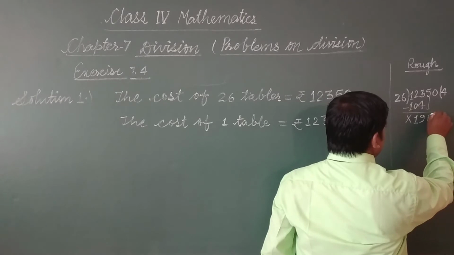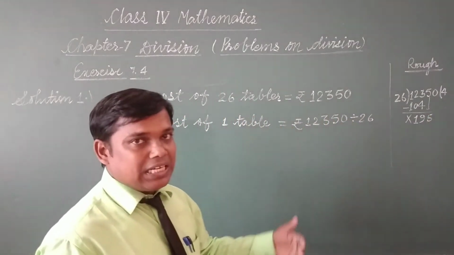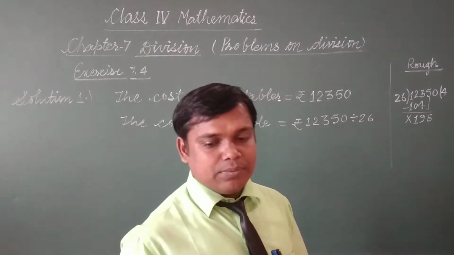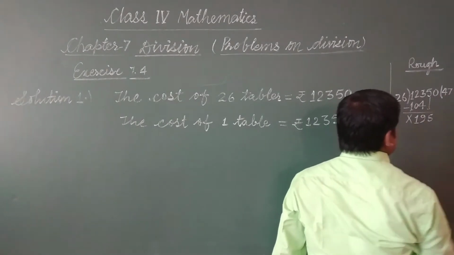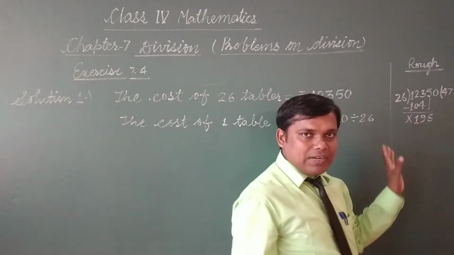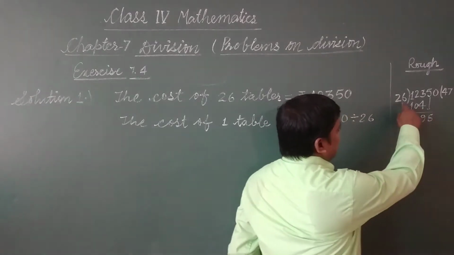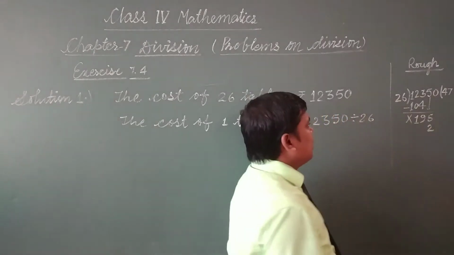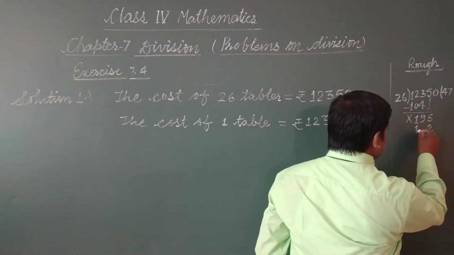5 will come down. Now we will again think of the table of 26 which reaches near 195. So you can write 7 times. So 6 7s are 42, carry 4, and 2 7s are 14 and 4 is 18.